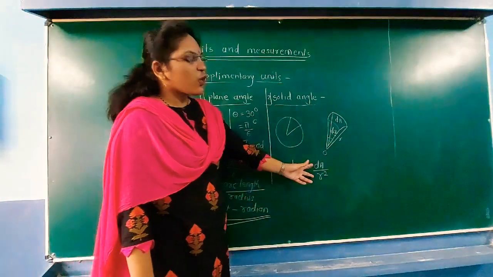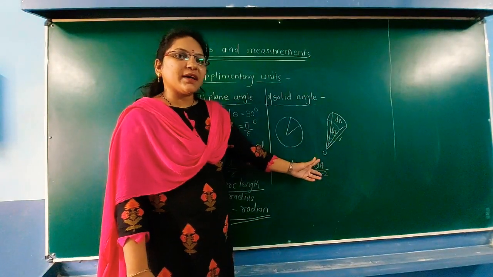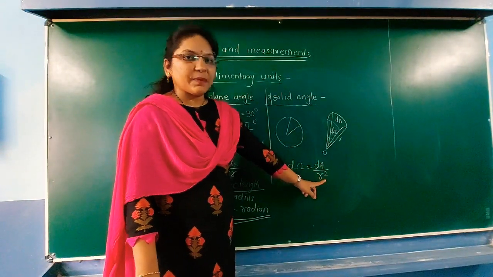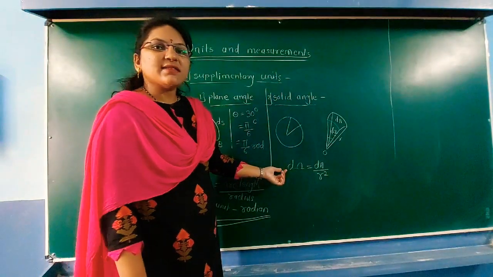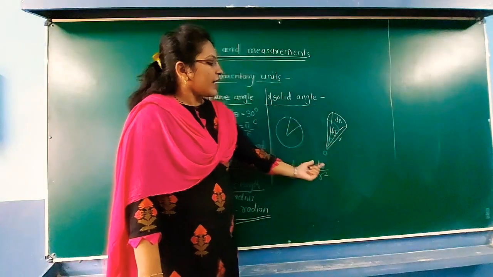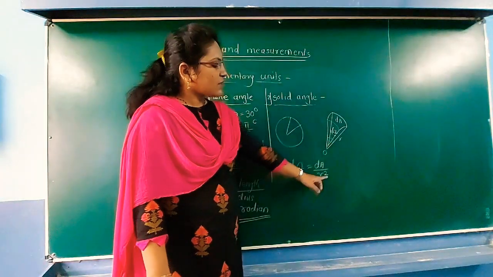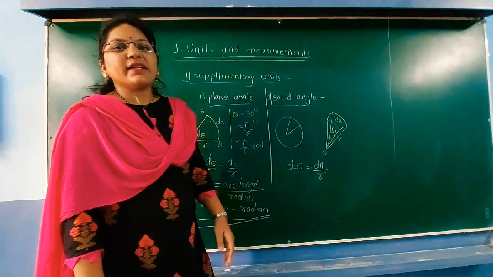It is the ratio of the area of the surface of the sphere to the square of the radius of the sphere. That is called the solid angle.